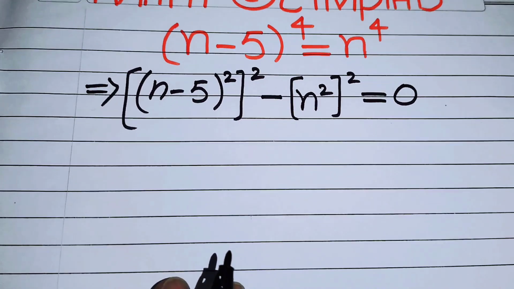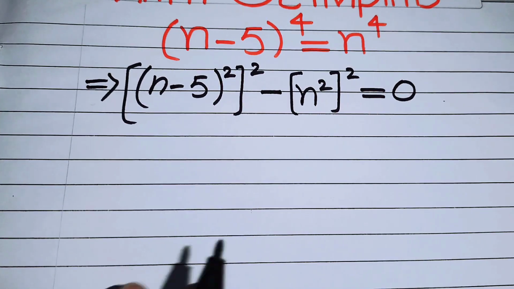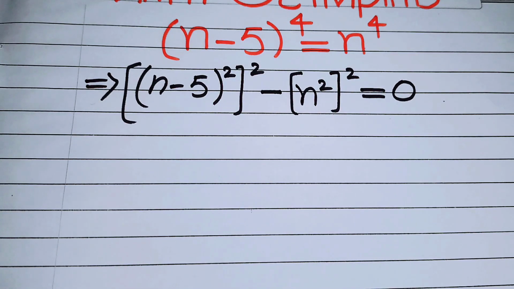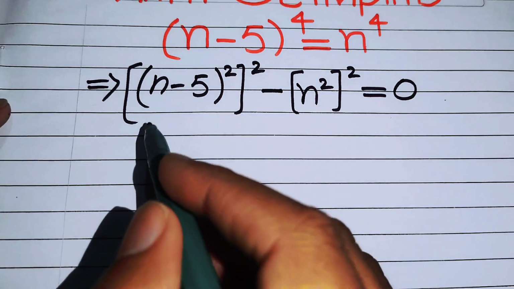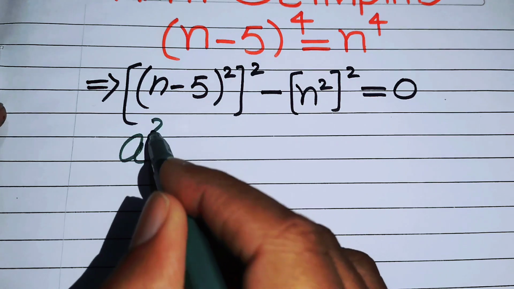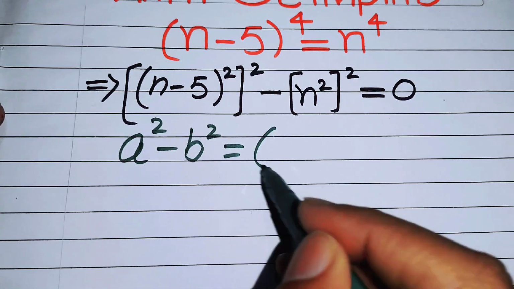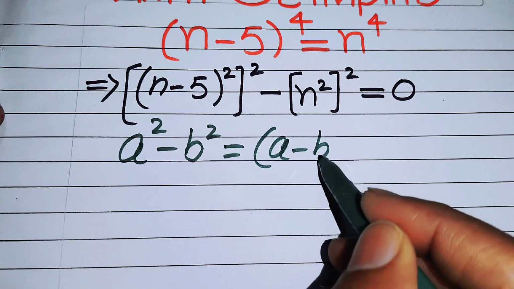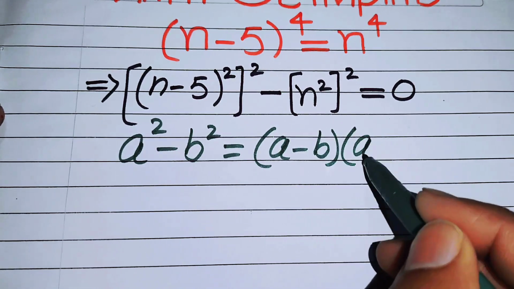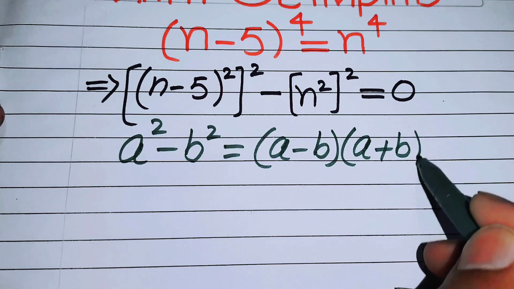In the next step, we use a well-known identity, the difference of squares, and you know about this one. If we have a squared minus b squared, it equals (a minus b) times (a plus b).